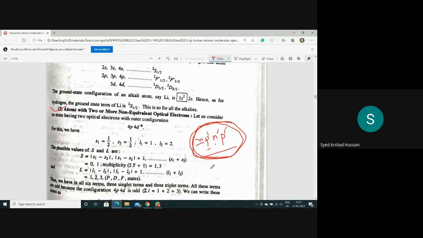For these two electrons, small l1 is equal to 1. Similarly, small l2 is again equal to 1 because these are also p electrons. Then small s1 is equal to small s2 is equal to half. That means the spin for both electrons is half.